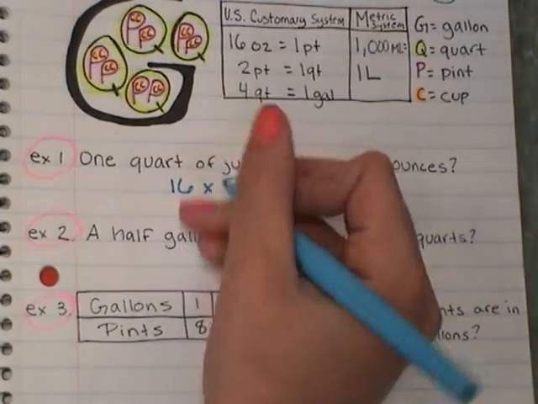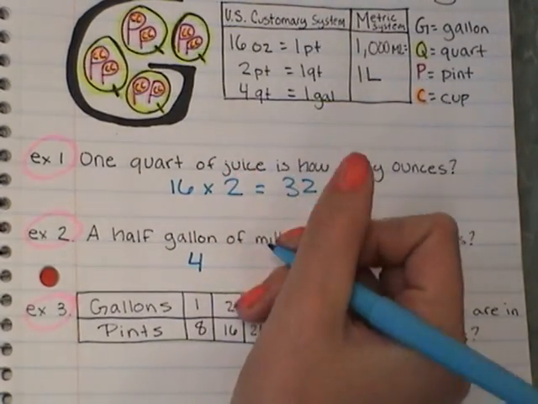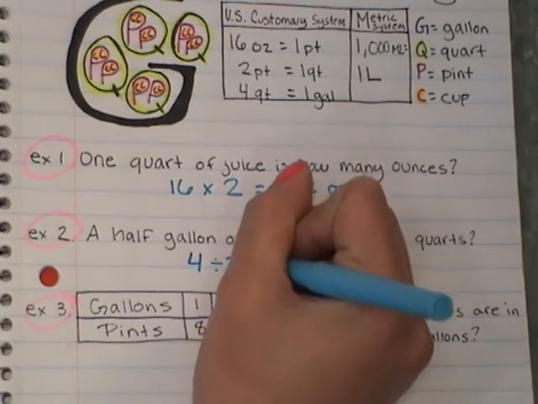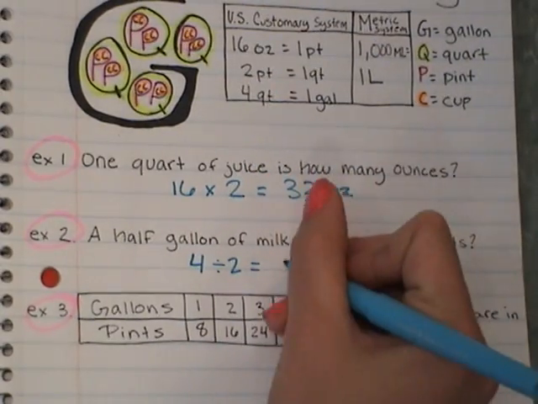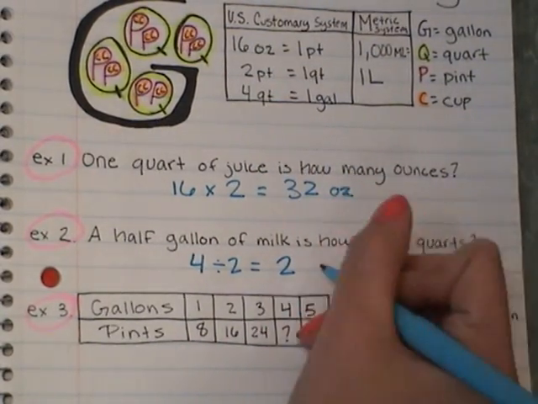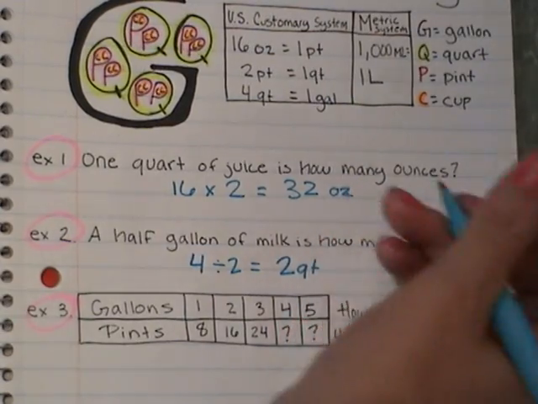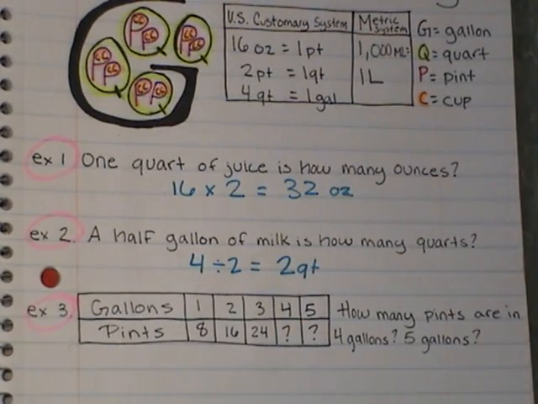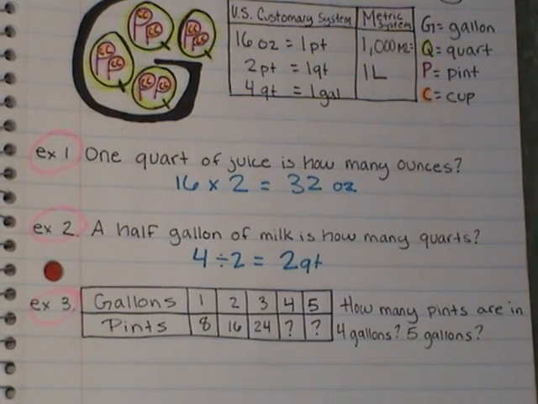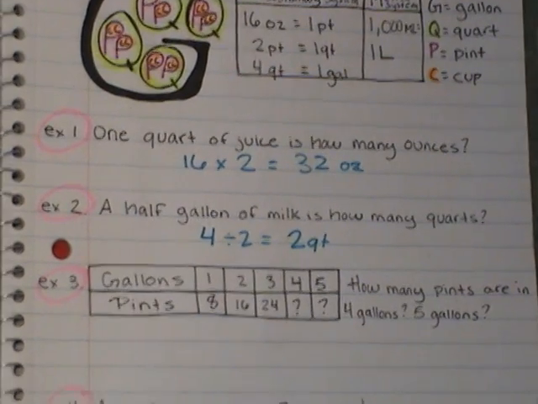So if you were to write a problem, you'd say 4 divided by 2, because we're cutting it in half, so 2 quarts. Because if 1 gallon equals 4 quarts, a half gallon is going to equal 2 quarts. So really when we are converting, we just have to look at our charts, and then usually we're multiplying or adding, sometimes doubling or dividing.